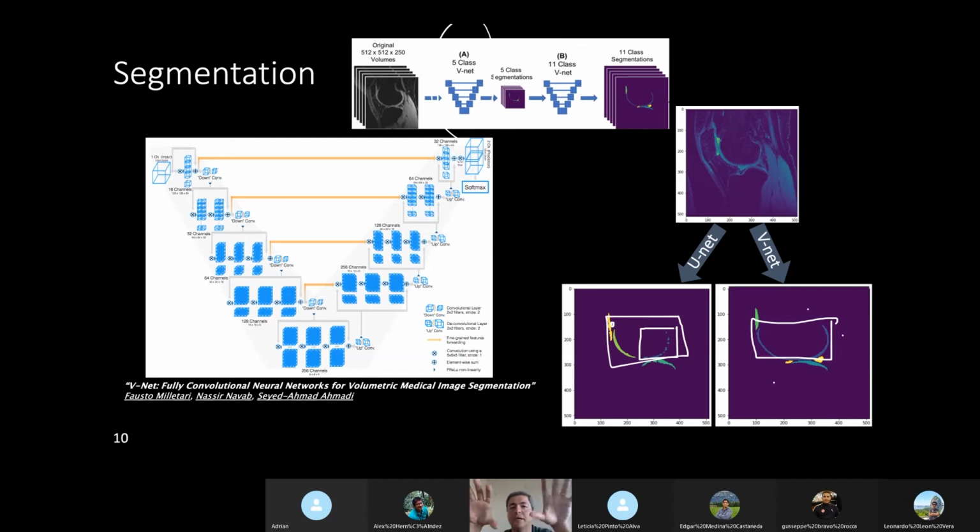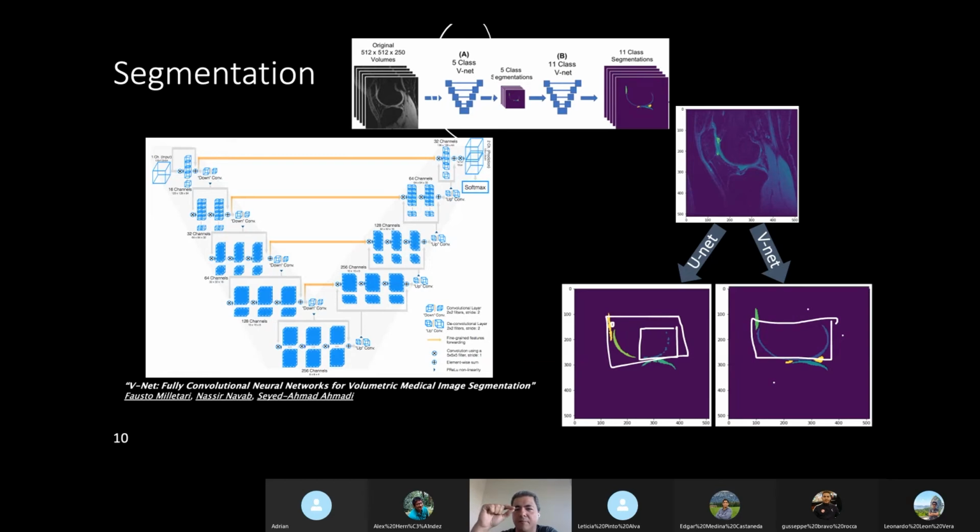Even if you ask two radiologists to manually segment the structures, their manual segmentations are not going to be better than 0.8 dice score. Even the radiologists themselves are going to disagree with the extent of the cartilage. At some point it's a little subjective.